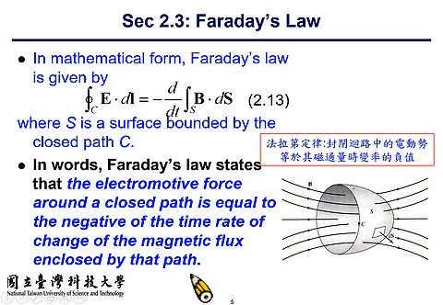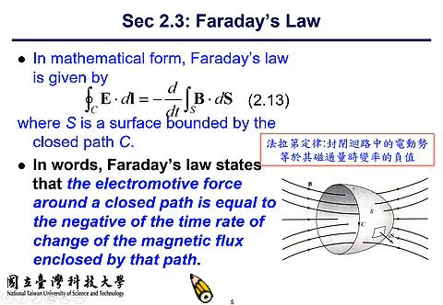Equals the negative of the time-varying rate of magnetic flux accumulated or intercepted by the surface area enclosed by this path. You need to notice that the ds is associated with C, the contour.